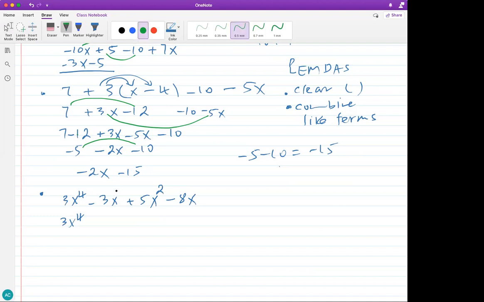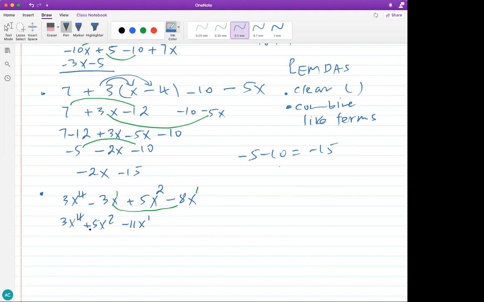It's 1. Same thing here, the invisible power is 1. So we can combine these two, they're like terms. This positive 5x to the second doesn't have a like term, we can put it over here next to the first one. But these two can be combined together, so we have negative 3 minus 8, which is negative 11, x to the 1.